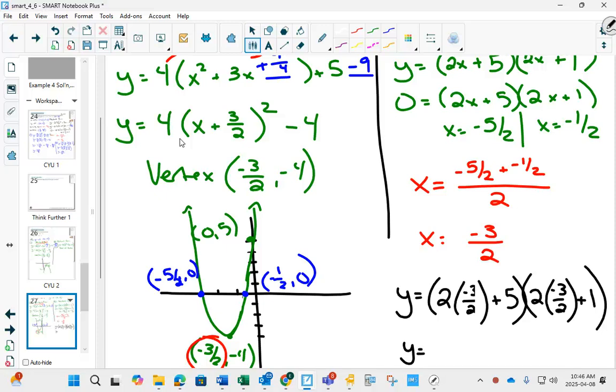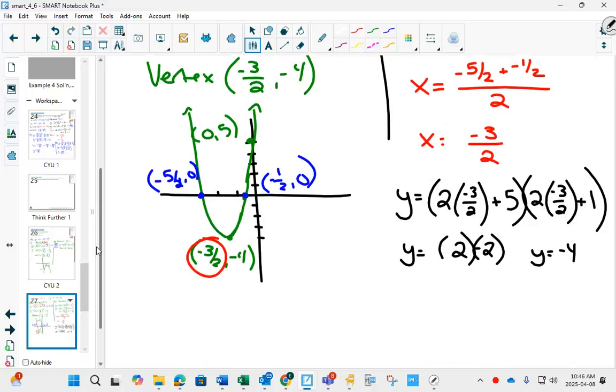If I multiply this out, I'm going to get 2's will cancel out. -3 plus 5, that'll be 2. 2's will cancel out. -3 plus 1, that'll be -2. I got -4 that way too. So I would find my vertex to be (-3/2, -4), which matches up with that as well.